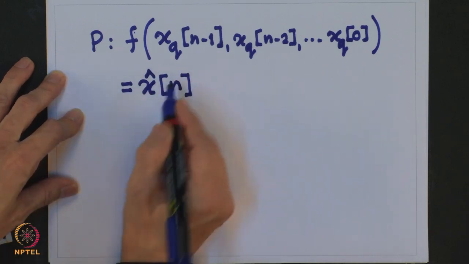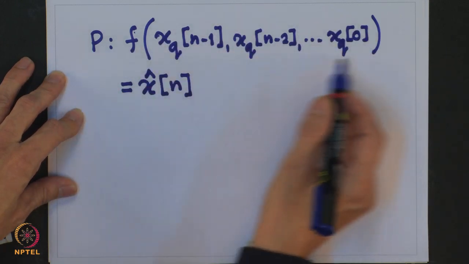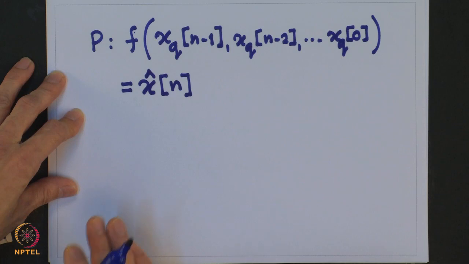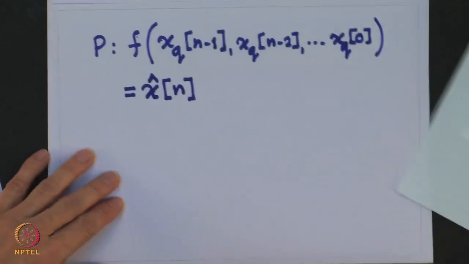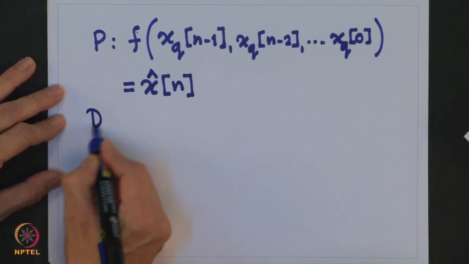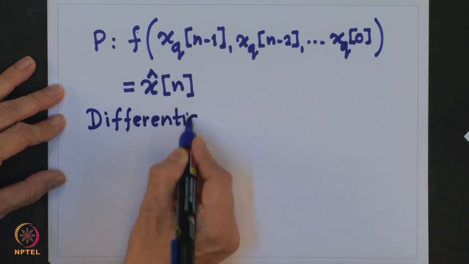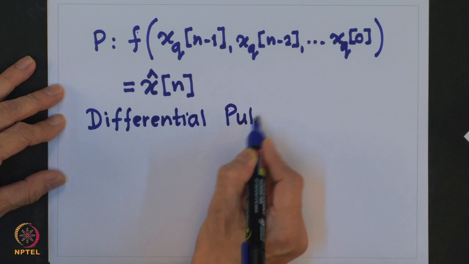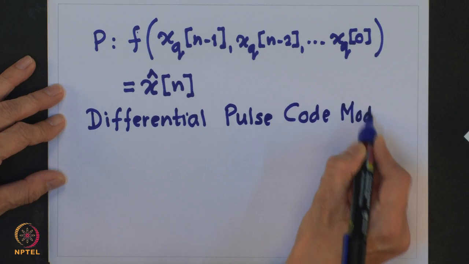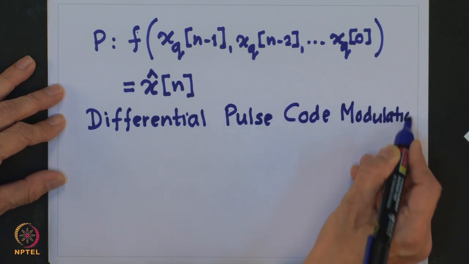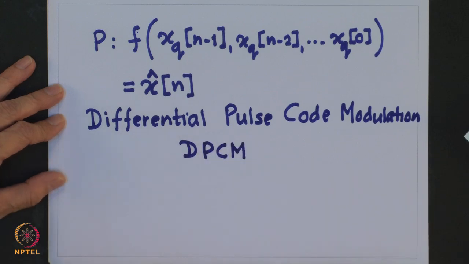So, this is the predictor which is obtained as a function of these reconstructed past values. So, this basic differential encoding system is known as differential pulse code modulation, in short, DPCM.